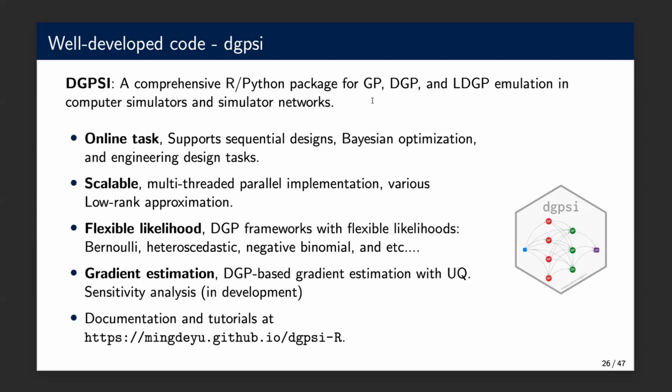It is scalable because we enable multi-thread parallel implementation and various low-rank approximations of the Gaussian process. It also enables very flexible likelihoods in the DGP framework, like Bernoulli likelihood, which is applied in classification tasks, the heteroskedastic case with modeling of different noise levels, negative binomial, and so on.